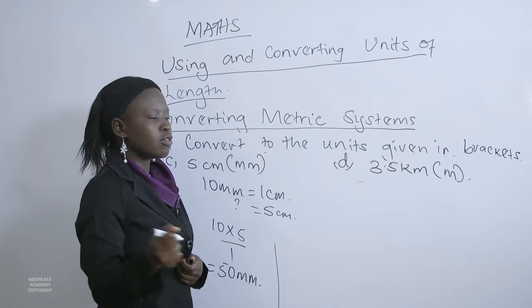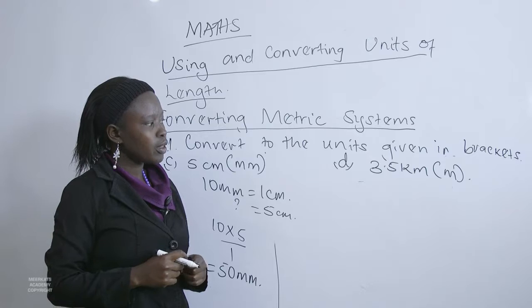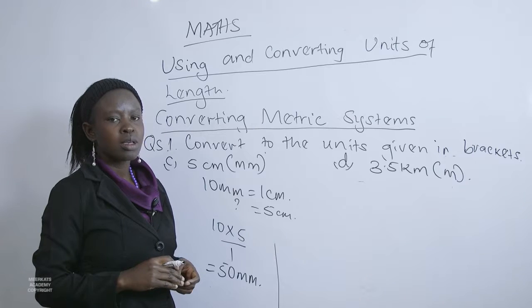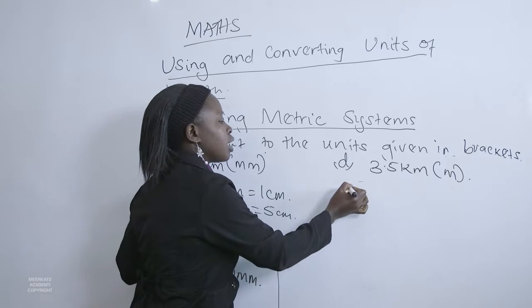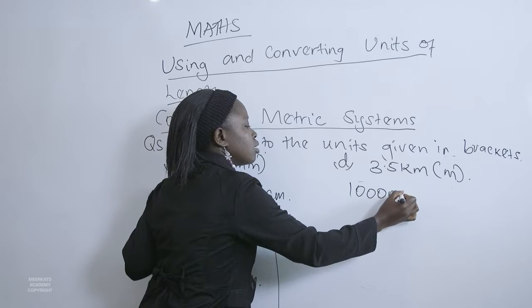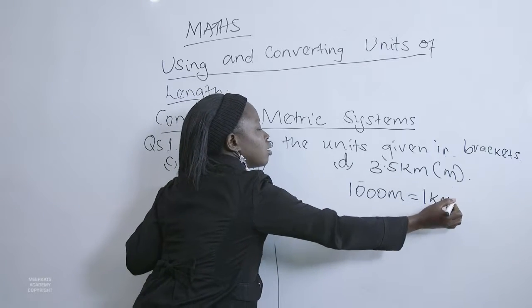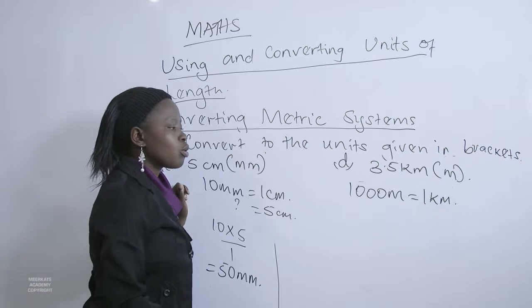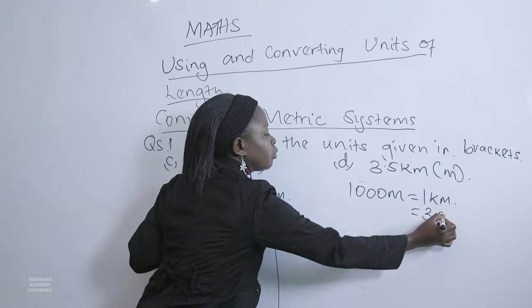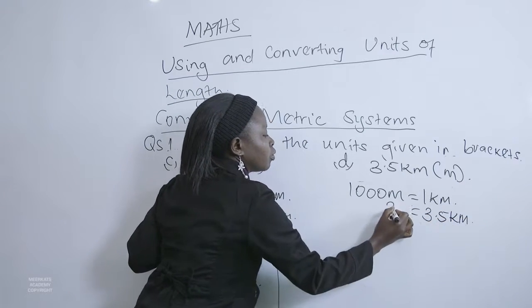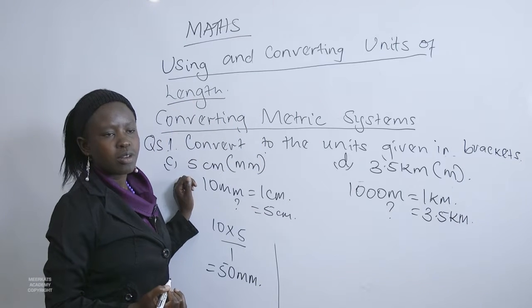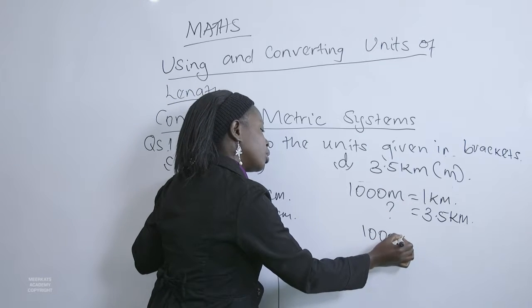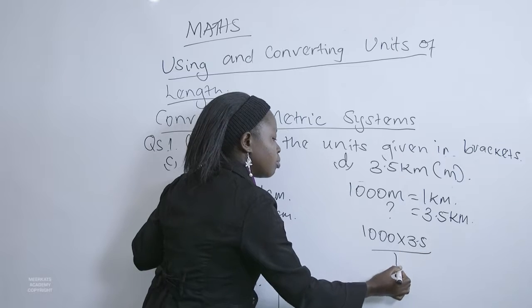Then next we have 3.5 kilometers. We convert 3.5 kilometers to meters. So that means 1,000 meters is equal to 1 kilometer. So what about 3.5 kilometers? So this means that we have 1,000 multiplied by 3.5 divided by 1.